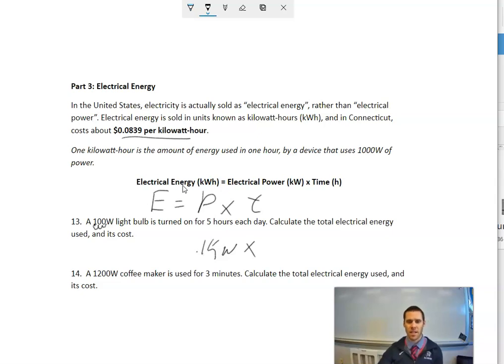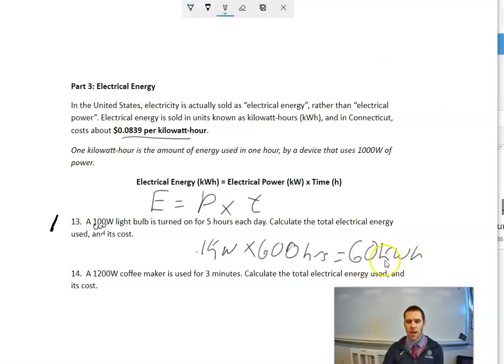It's up to you: you can calculate kilowatt hours first and then multiply by 30, because remember it's a 30-day month, or you can multiply 30 times 5 right now, which I believe is 600 hours, which is what I'm going to use. So 600 times 0.1 is the equivalent of 60 kilowatt hours.